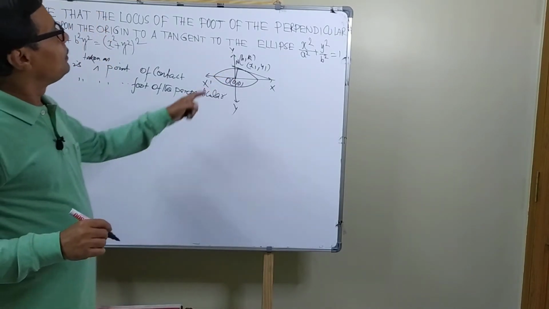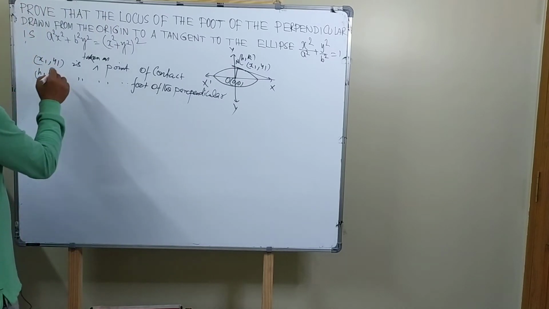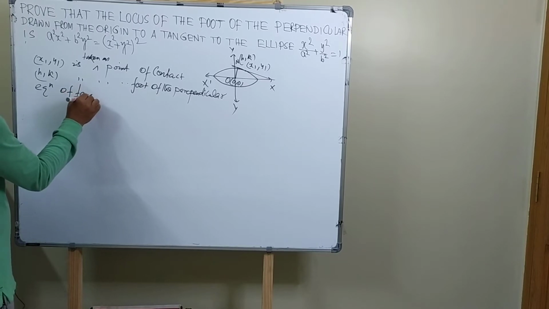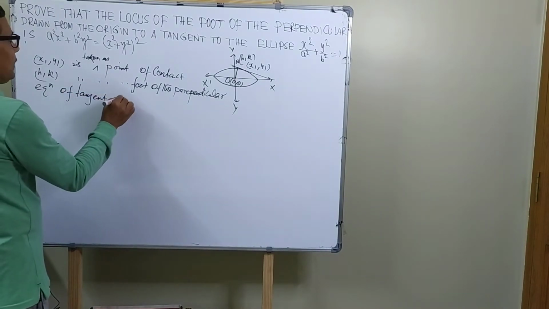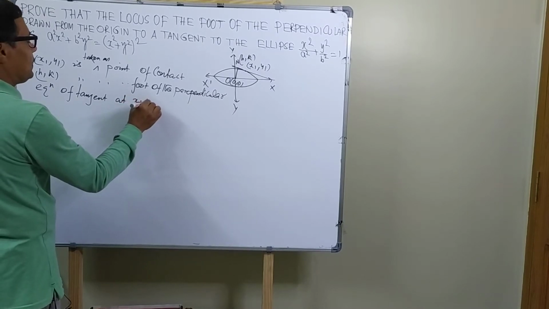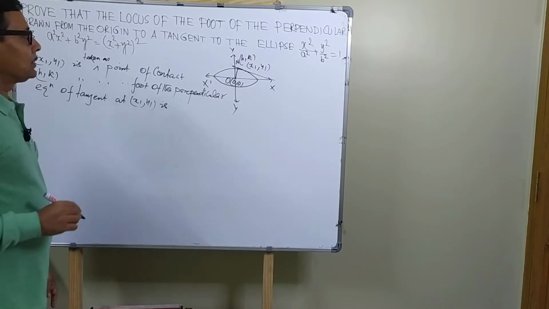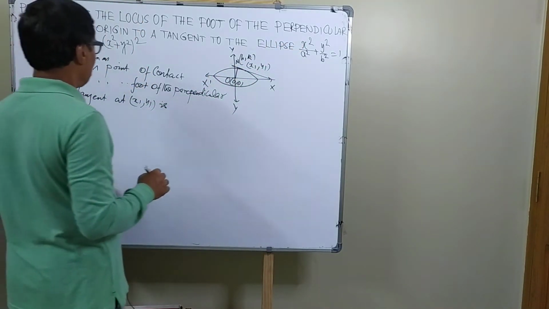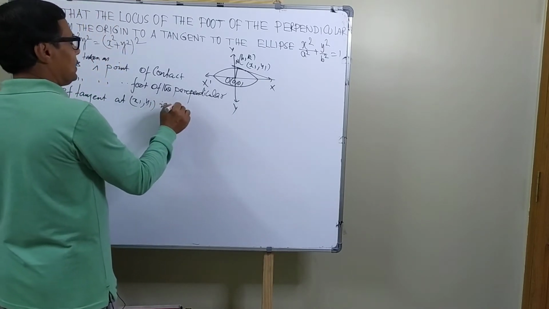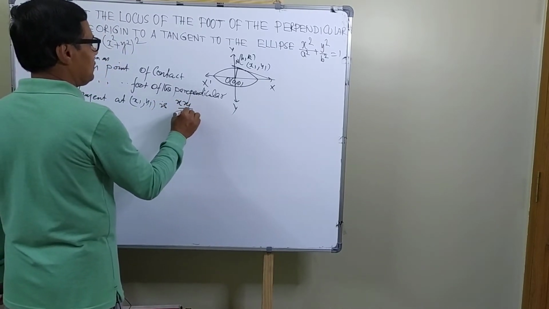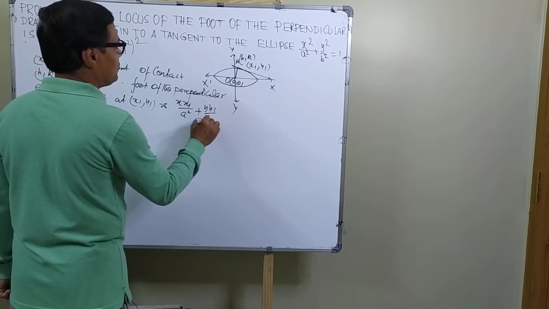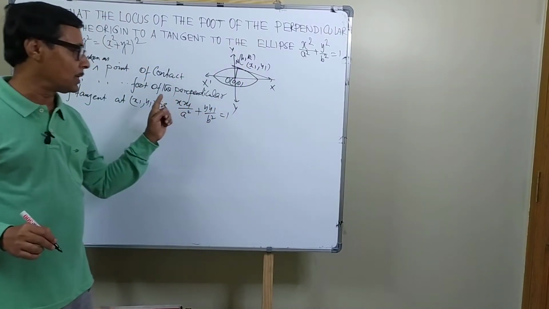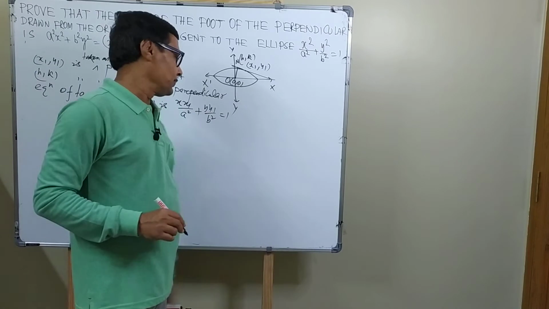Now the equation of tangent at x1 y1 to the ellipse, whose equation is this, is x x1 over a square plus y y1 over b square equal to 1. This is the equation of tangent to this ellipse at x1 y1.